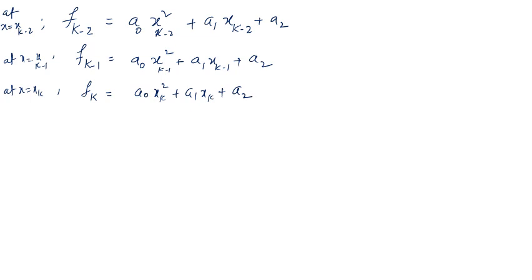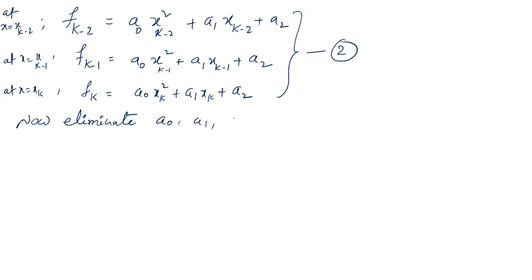Take this entire set as equation 2. Now three equations are there. Now eliminate a naught, a1, a2 from equation 1 and 2.